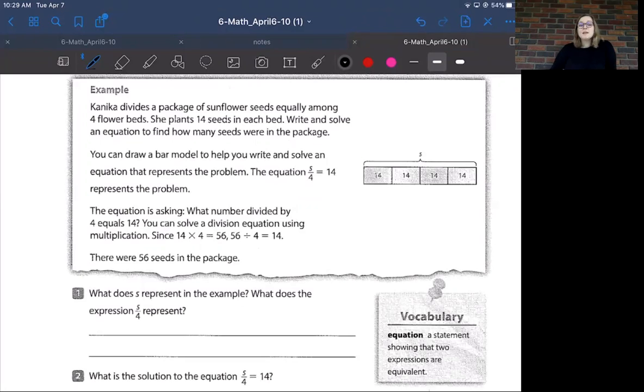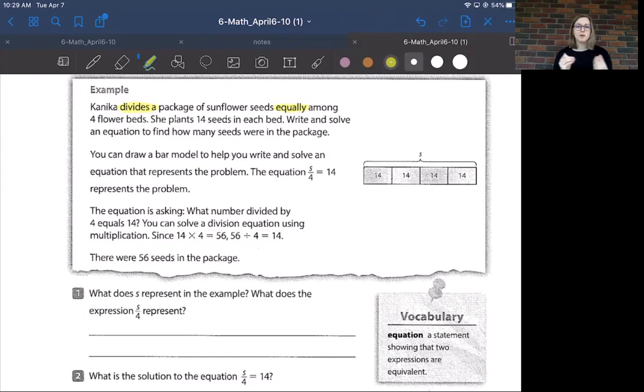So in terms of writing an equation, I'm asking myself, what's happening in this problem? I see that she's got some sunflower seeds that she's splitting up equally. The second question: what does that mean mathematically? When I look for those keywords, she's dividing it equally. Those keywords mean that's division.